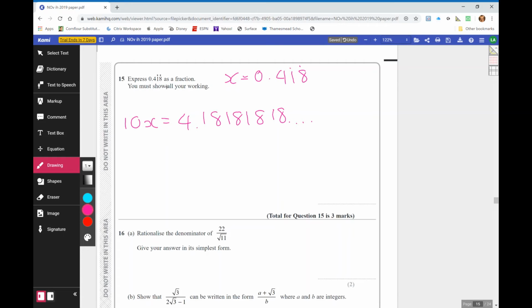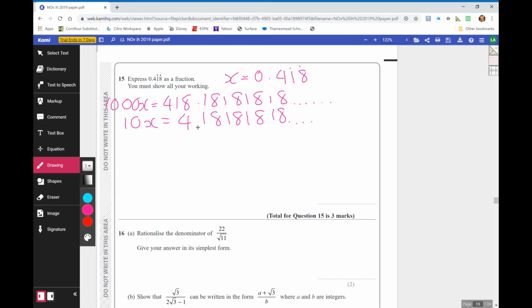In this case, it's 2 recurring digits, so you have to do another 2. So that's actually timesing it by 1,000. I'm going to put it on top of my 10. Equals 418.1818, obviously that goes on forever.